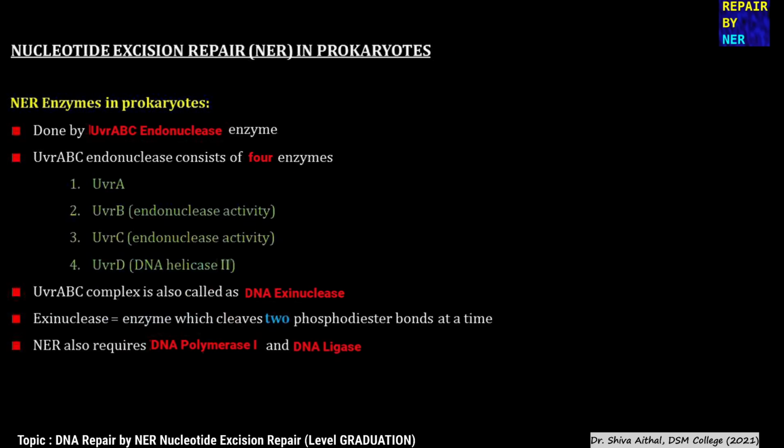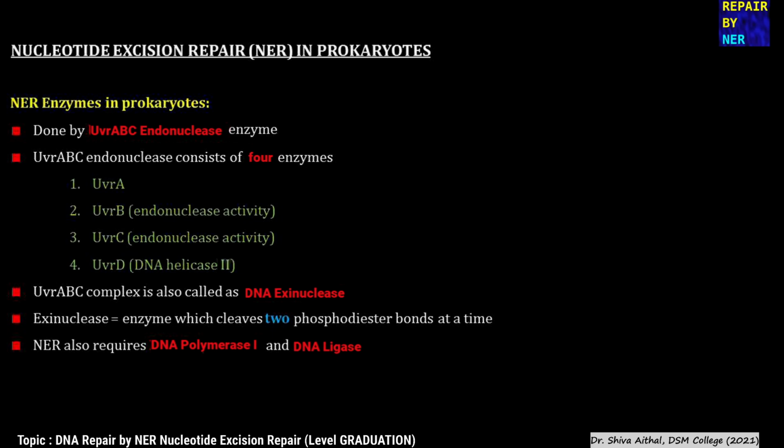Now nucleotide excision repair has certain enzymes in its machinery. The prokaryotic enzymes are collectively called the Uvr, that is UV repair, ABC endonuclease system. This is done by the UvrABC endonuclease system.